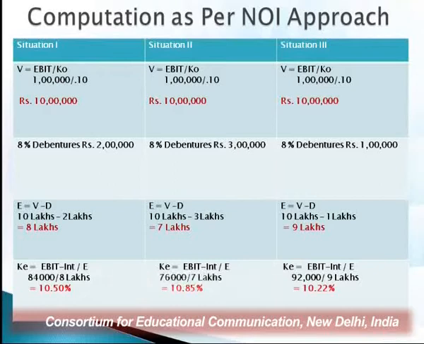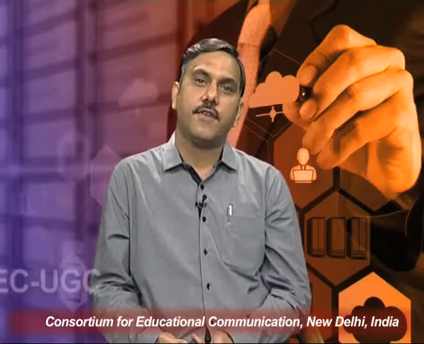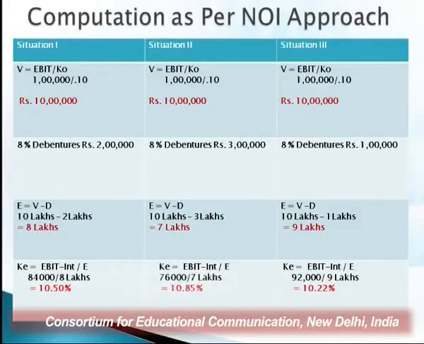Again 1 lakh rupees was my EBIT, 8% of 3 lakh rupees becomes 24,000 rupees, 1 lakh minus 24,000 becomes 76,000, that is my numerator in the formula of cost of equity, divided by market value of equity, that is 7 lakh rupees, and now my cost of equity is 10.85%, right? And in situation number 3, we have to follow the same steps, where the market value of equity becomes 9 lakh rupees, because we have reduced the quantum of debt from 2 lakh rupees to 1 lakh rupees, and cost of equity has declined from 10.50 to 10.22%.